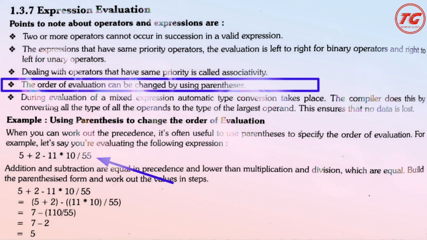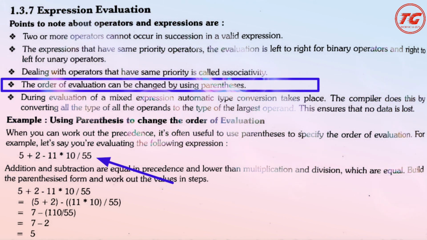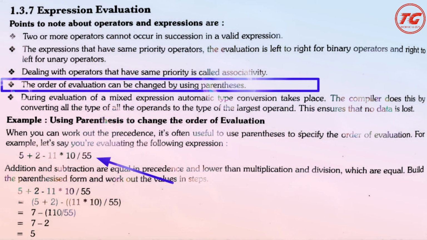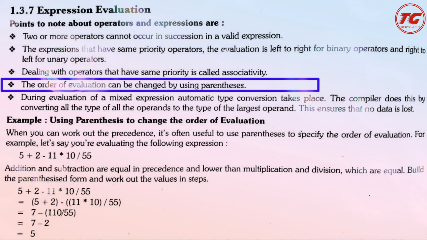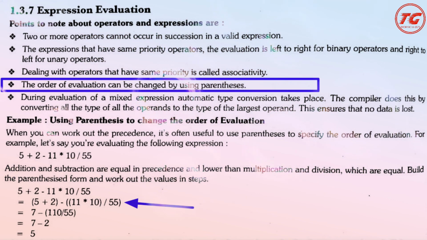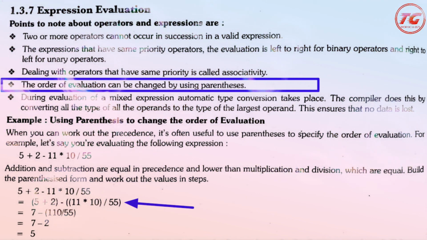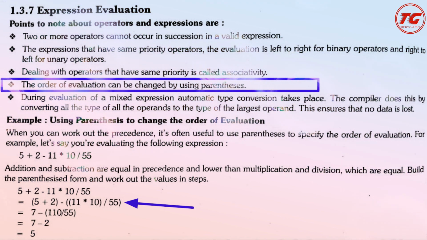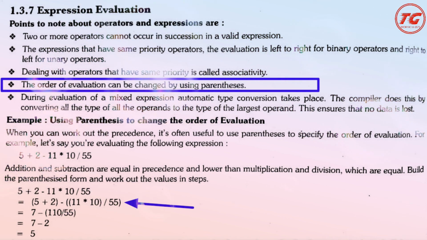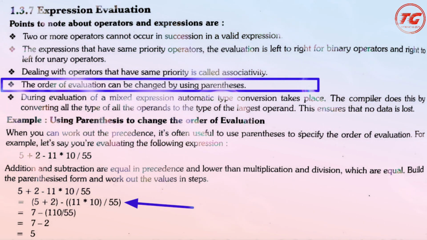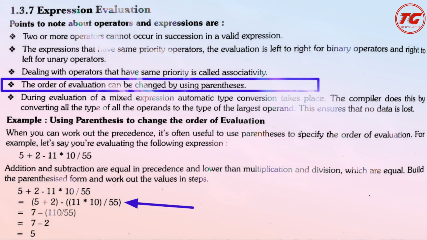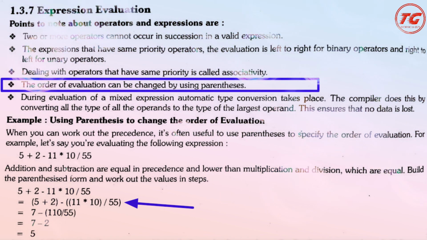Below we have 5 plus 2 minus 11 multiply 10 over 55. If I want to change the evaluation order, I can put brackets in the following way. 5 plus 2 I enclose in brackets, then minus, then again a parenthesis, and within it a sub-parenthesis, 11 into 10, and in the outer parenthesis division by 55.